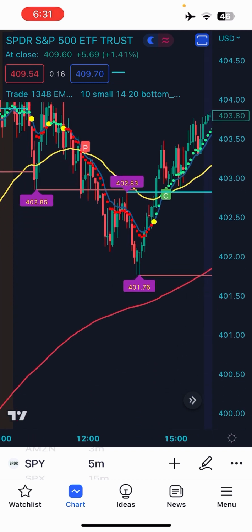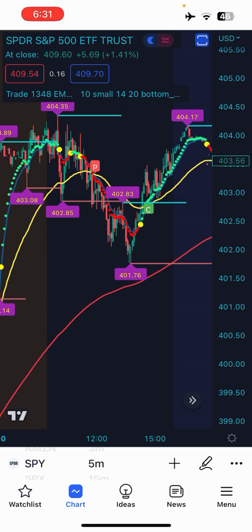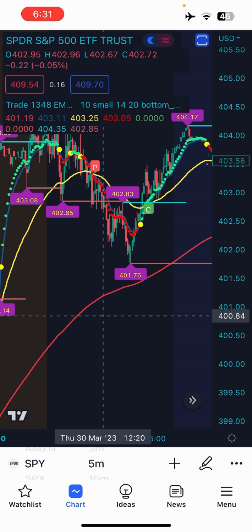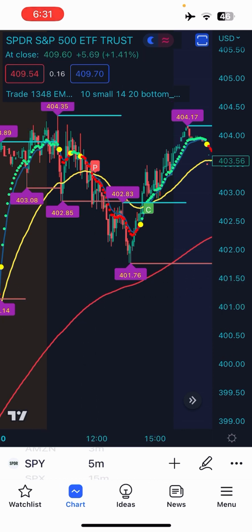How I use it? First of all, I will determine if I'm going to play calls or puts depending on where the 200 EMA line is. The 200 EMA line is going to give me a clear view in how I'm going to approach the situation, right?